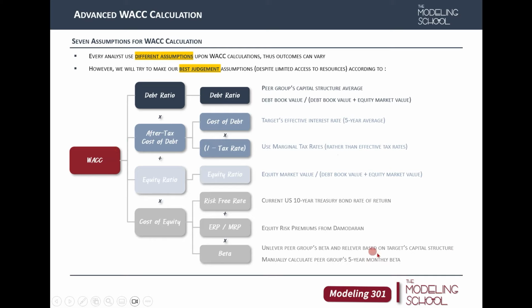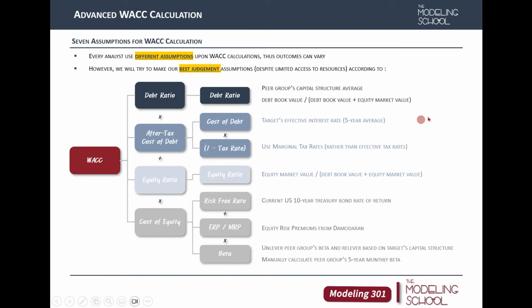So 5-year monthly beta is most popular, but for companies that have a shorter history, and if the last 4 or 5 years was a very unusual time frame and you want to exclude that, people also use 3-year weekly beta or 2-year weekly beta. Other time frames can also be used, but 5-year monthly beta is most popular, so we're going to do that.